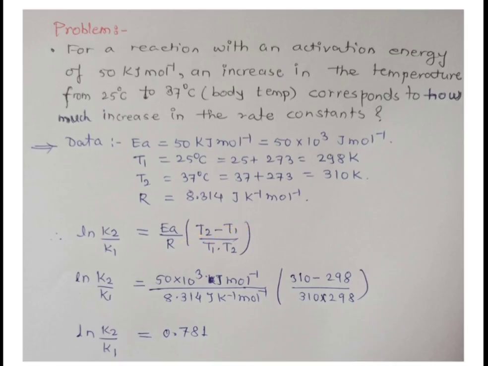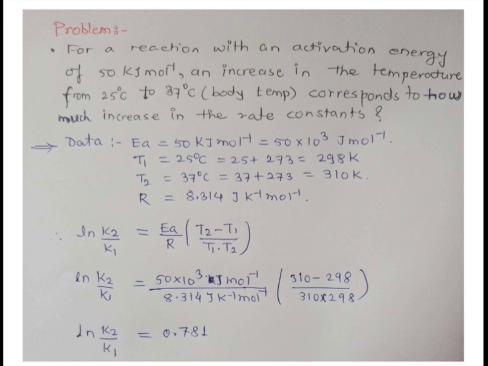And here is a problem based on the equation. For a reaction with an activation energy of 50 kilojoule per mole, an increase in the temperature from 25 degrees Celsius to 37 degrees Celsius, which means the temperature is raised by 12 degrees Celsius, corresponds to how much increase in the rate constant?